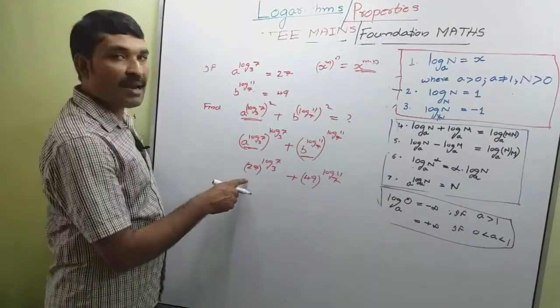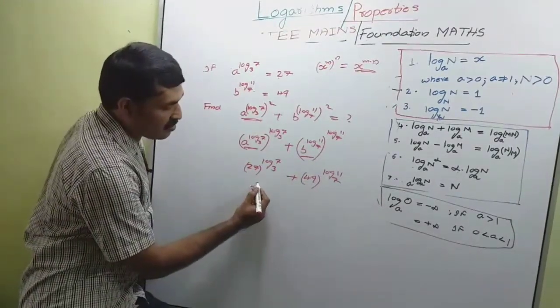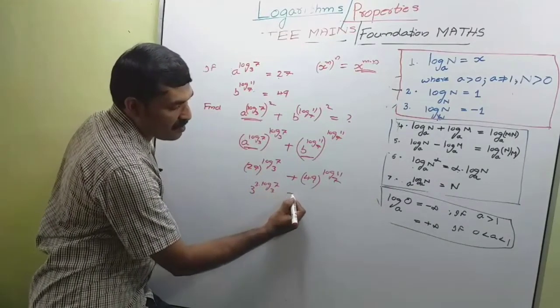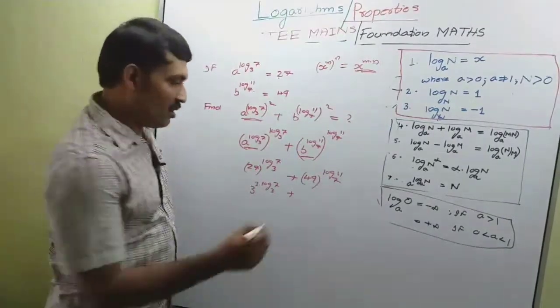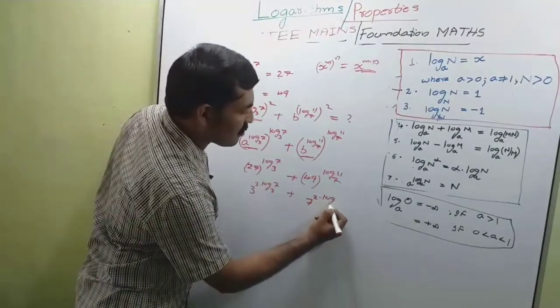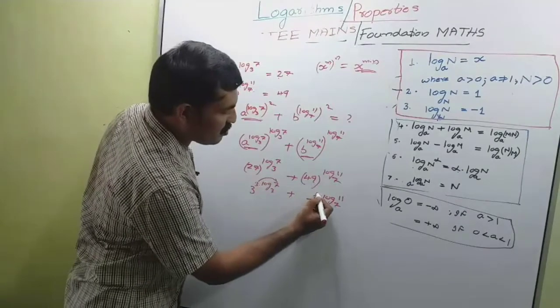Now we can write 27 as 3 cube. That is 3 raised to 3 log 7 to the base 3, plus 49 can be written as 7 square. That is 7 raised to 2 into log 11 to the base 7. This 3 jumps here, this 2 jumps here.